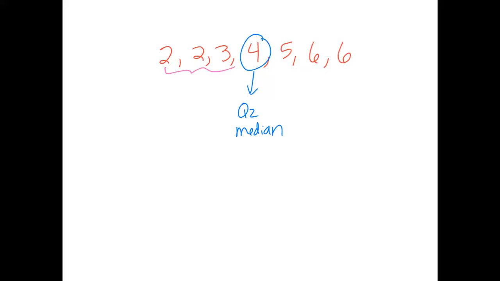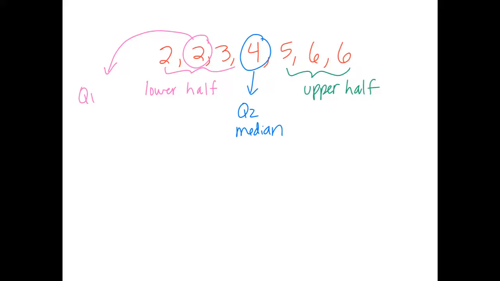So then you have the lower half here. Q1 ends up being the middle of the lower half. And then you have the upper half over here. The middle of the upper half, that 6 right there, would be my Q3.